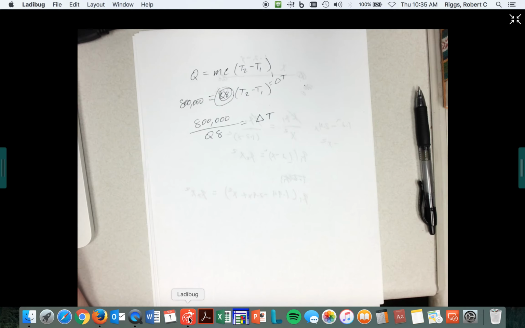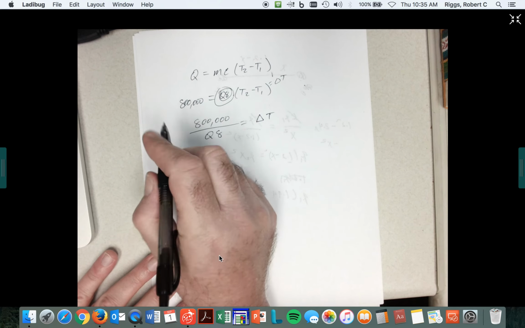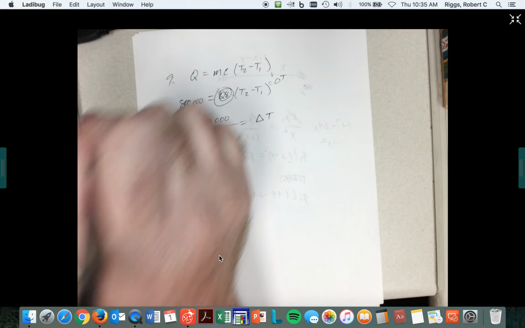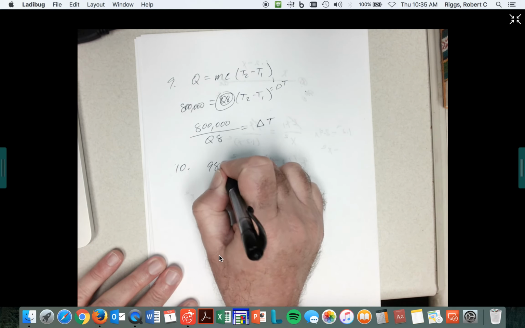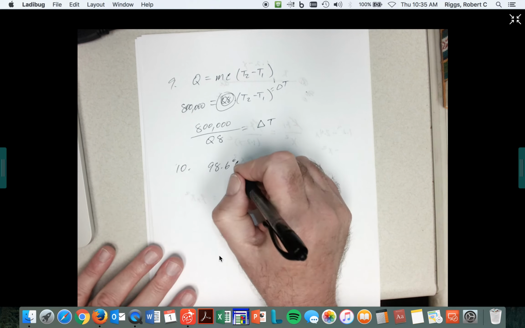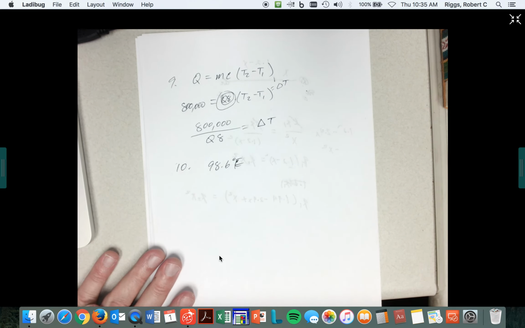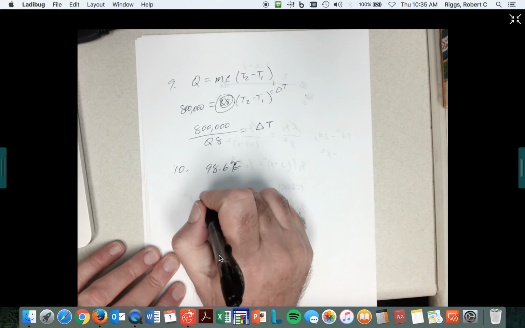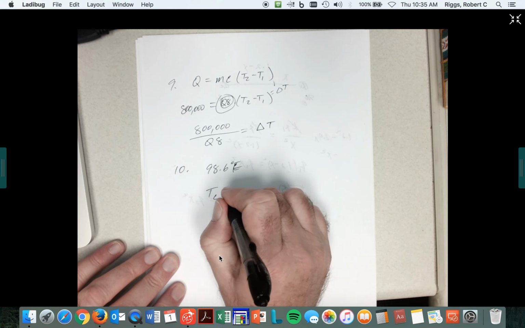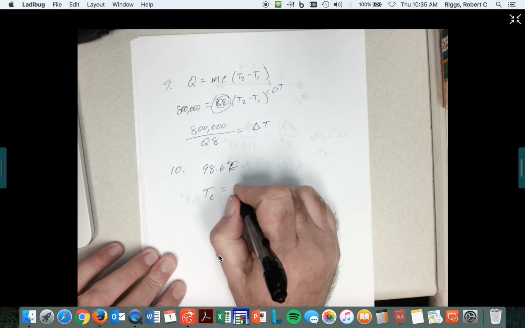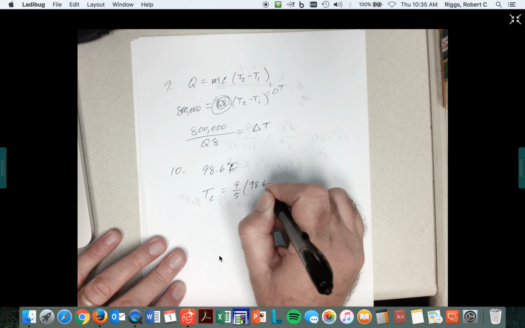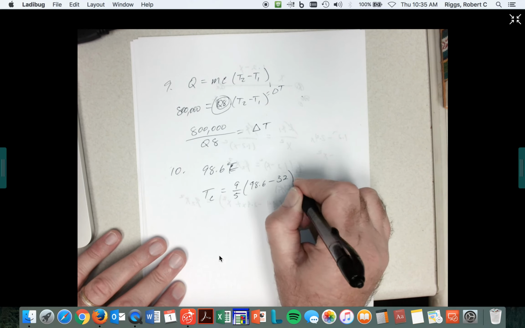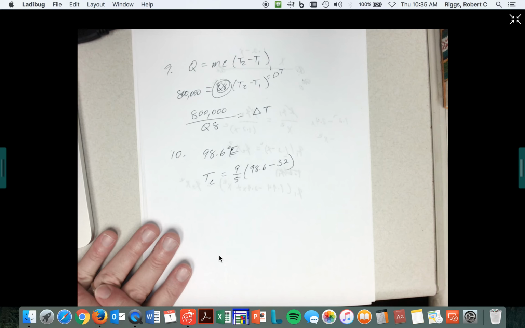So this is question 10. I've got 98.6 degrees Fahrenheit. To get centigrade, I need to take 9/5 of 98.6 minus 32. Now, some of you that are calculator phobic are going, wait a minute, I have to multiply this?